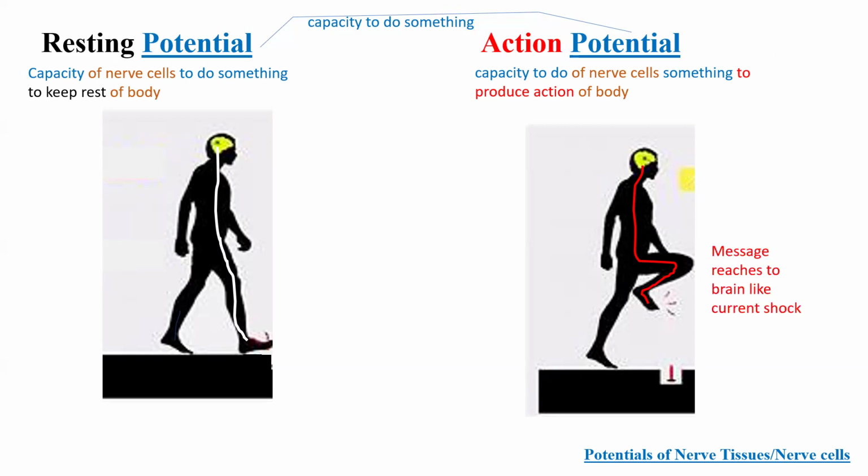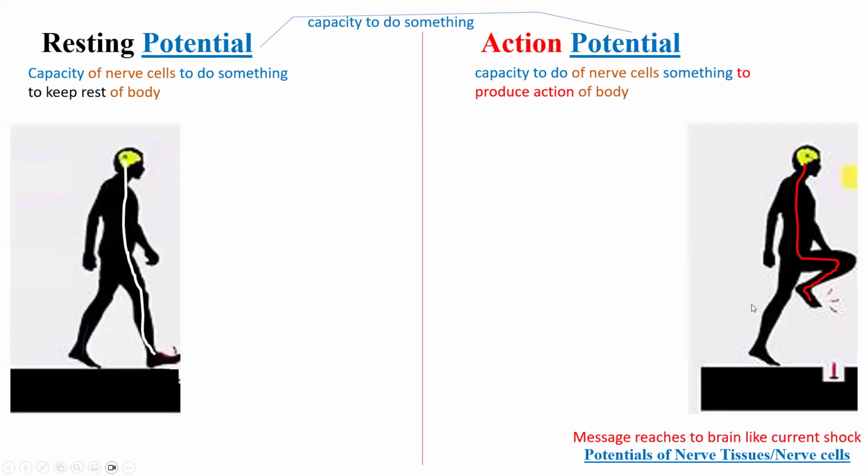One key point for you is that the message reaches your brain like a current shock. So we can get an idea of how the message reaches your body, why it does not reach, and which potentials are responsible for keeping the state of the body.